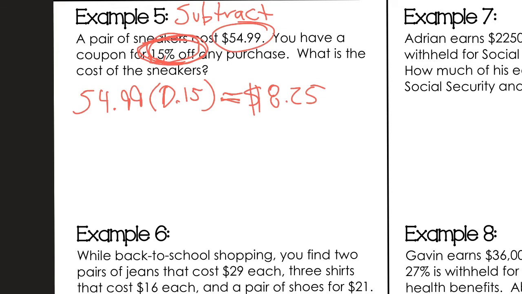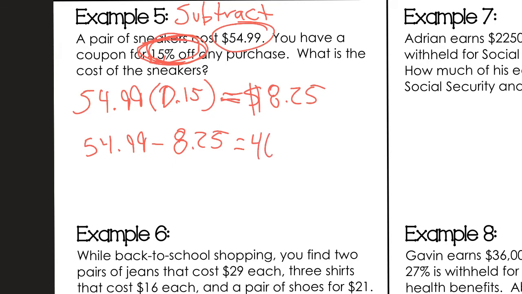All right, and like I said, we're going to subtract. So we're going to take our original amount. So you can write that in, 54.99. If you haven't got ahead of me yet, then that's where we're at. Minus the $8.25. We could do this in our heads. 54 minus 8. Well, I know it's 4 to get to 50, and then another 4 would be 46.